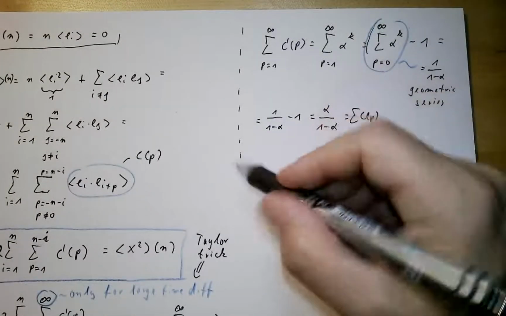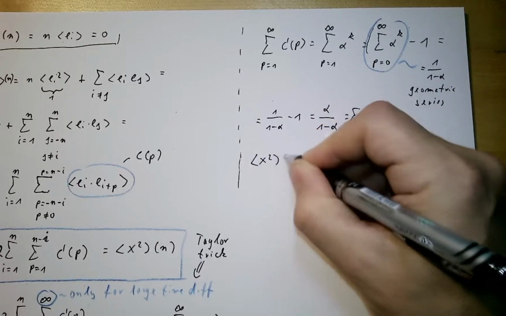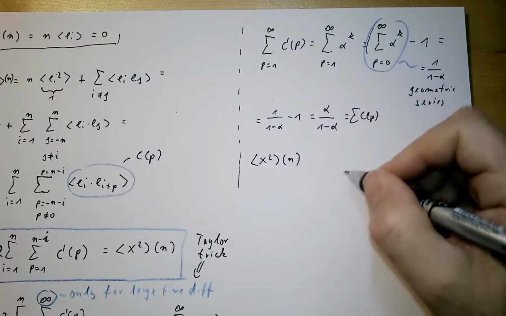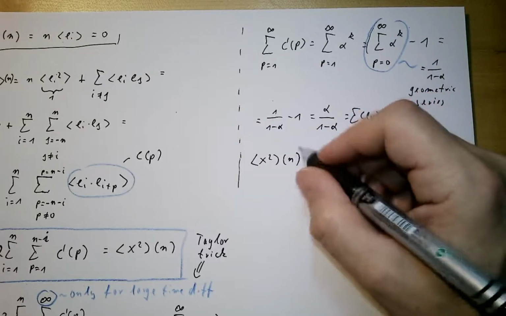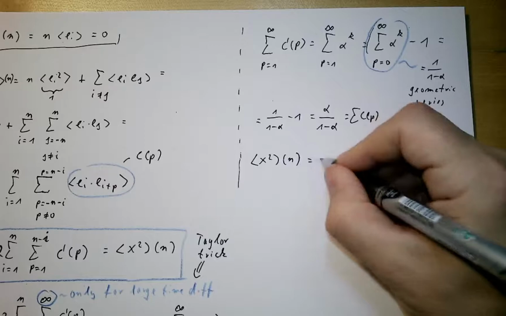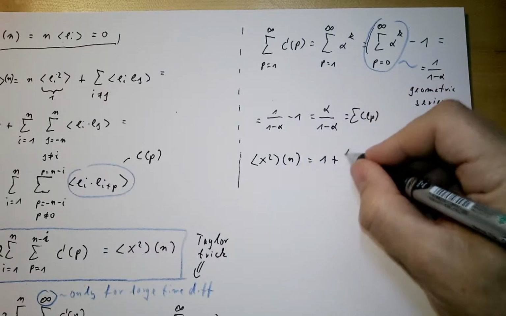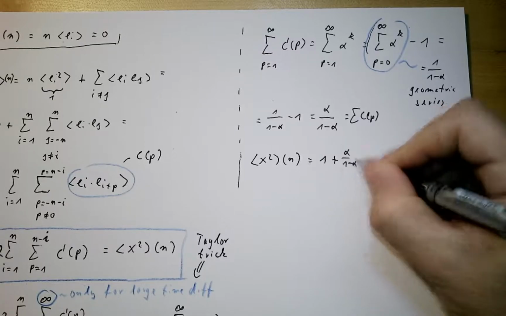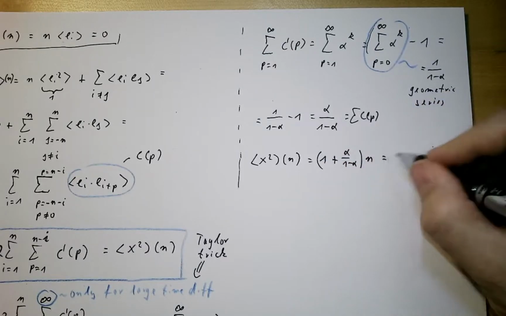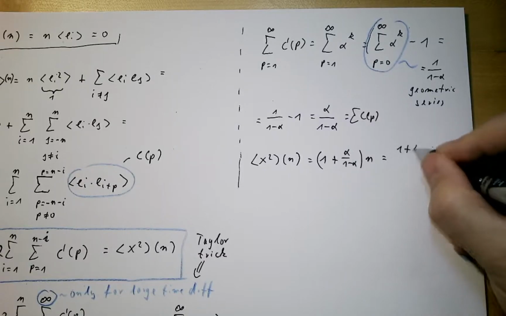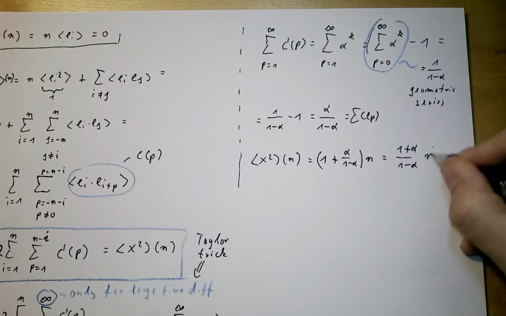And then we find that the second moment as a function of time is 1 plus 2 alpha over 1 minus alpha times n, so this is 1 plus alpha over 1 minus alpha n.